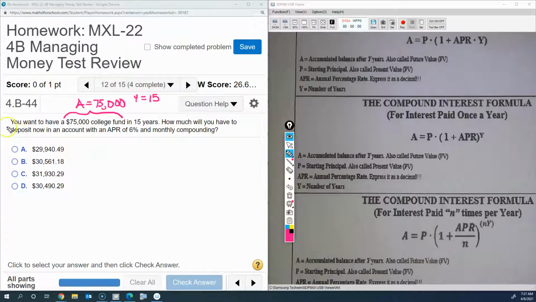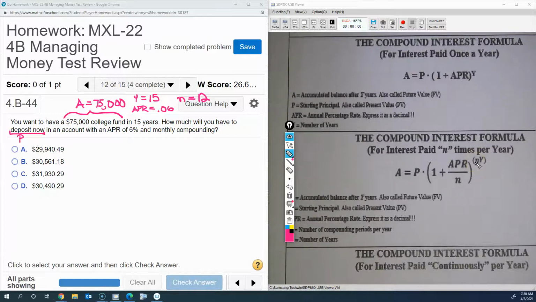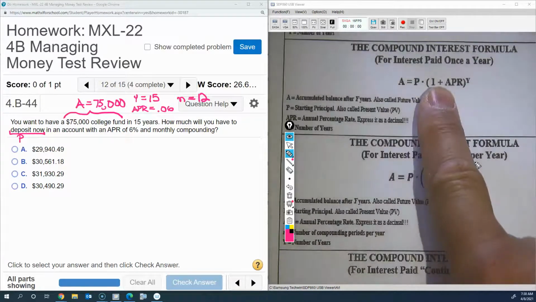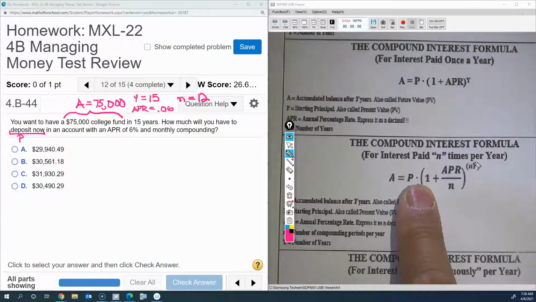How much will you have to deposit now? So that is your principal. We don't know what it is. We know that our APR is 6%. And we know that our N is 12. So all I'm doing now, instead of using this top formula, I'm using this next one right here.